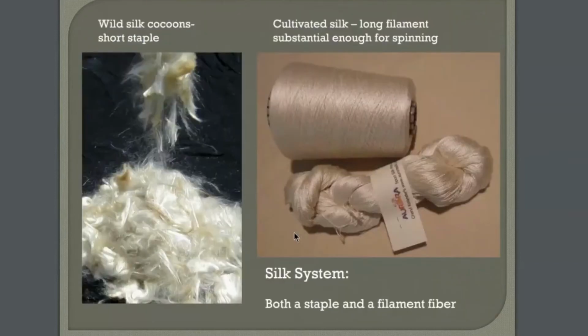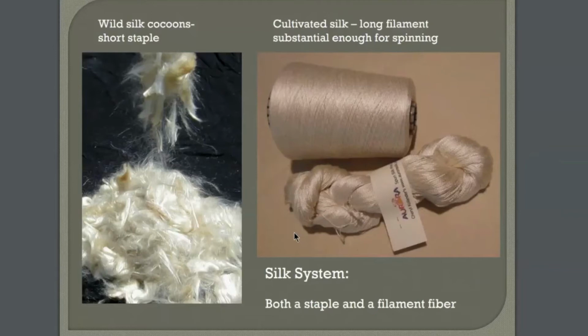Here's an example of silk being spun. And just as a reminder, wild silk cocoons are those harvested out in nature, where the insect is allowed to break open the cocoon and fly away.